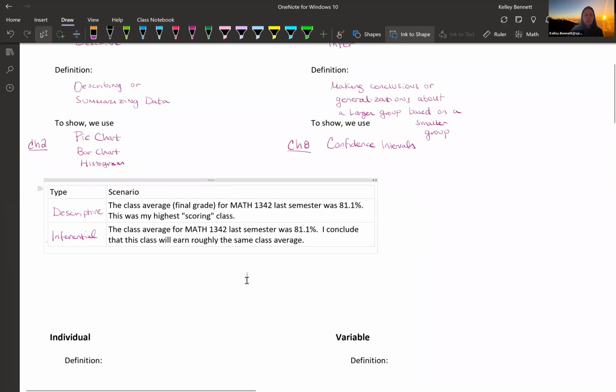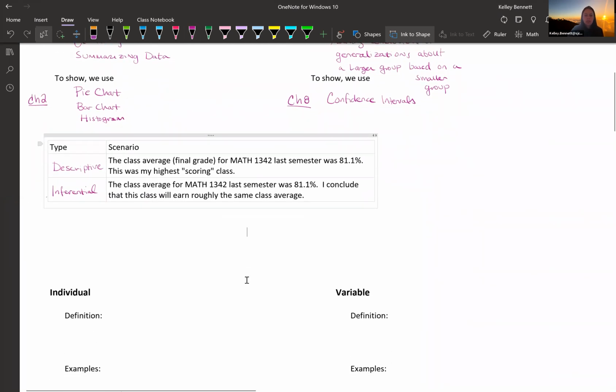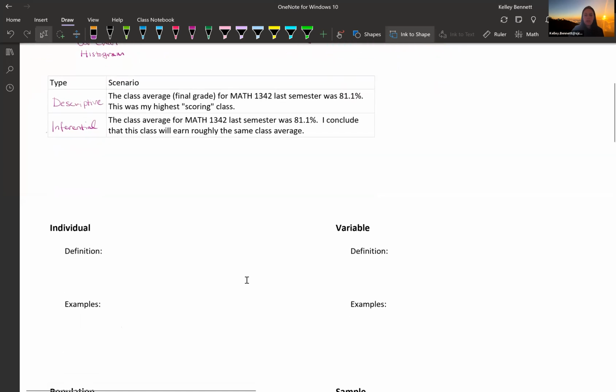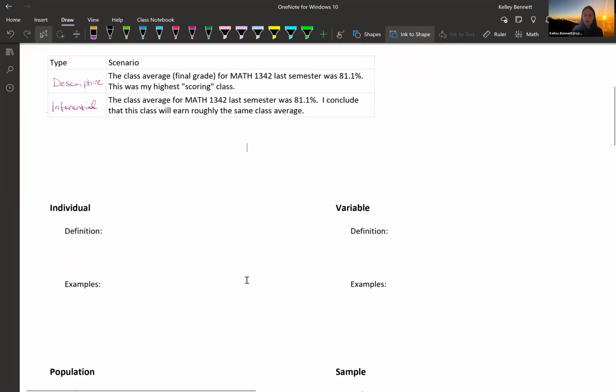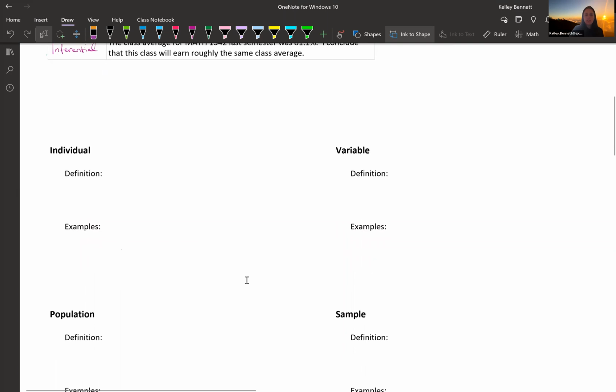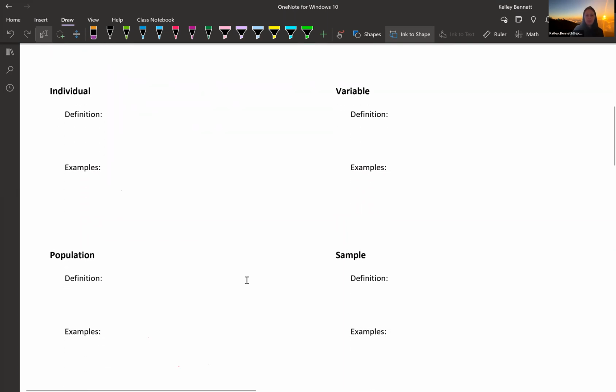So in order to talk more about the difference between descriptive and inferential, we need to add some more terms to our vocabulary. The first one is going to be individual. The individual is really just the who.